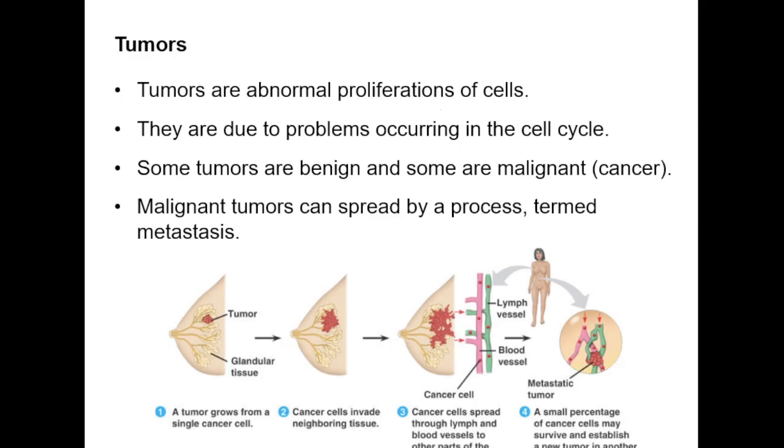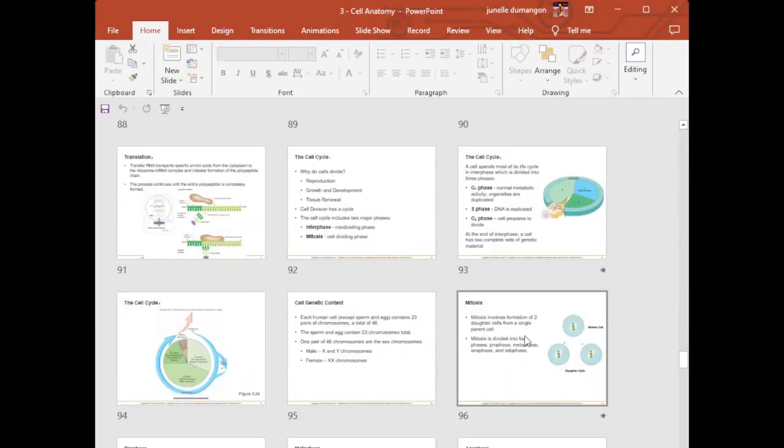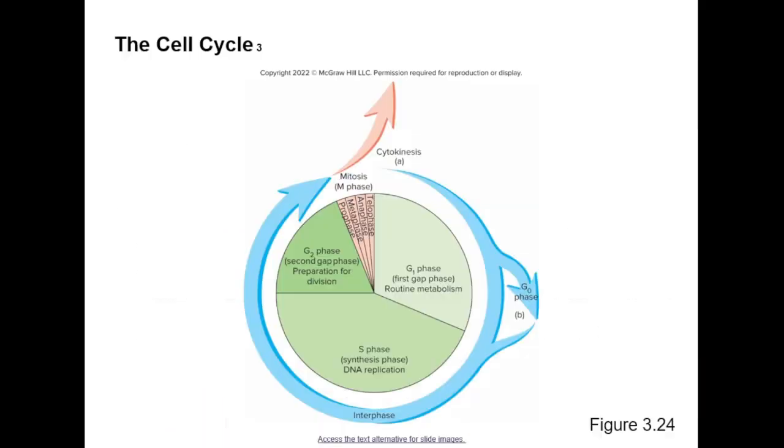So what happens in the formation of cancer? Let me just go back to a few slides. I just want to show you. Here we go. The problem with cancers is that they do not have a G0. Now, what is G0? G0 is what we call resting phase. So, after mitosis, it should enter G0 or resting phase.